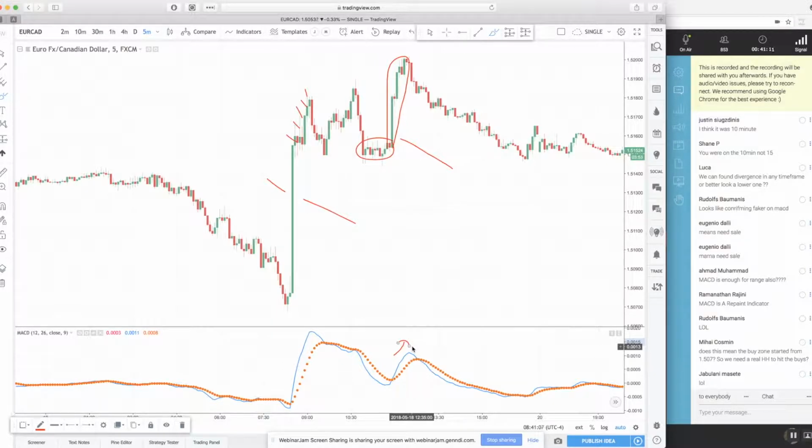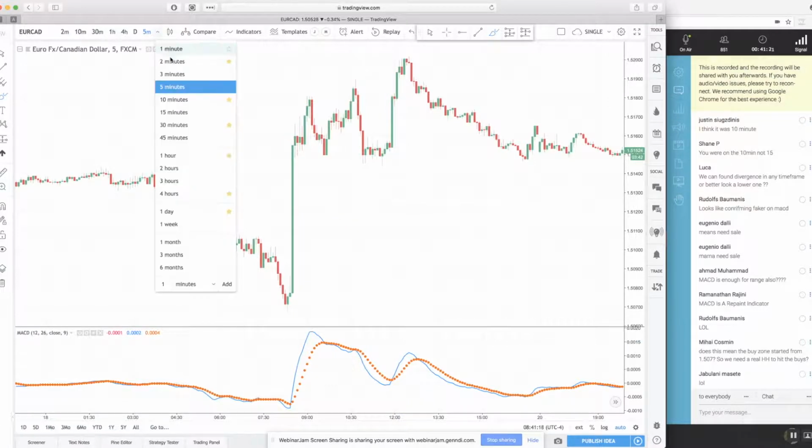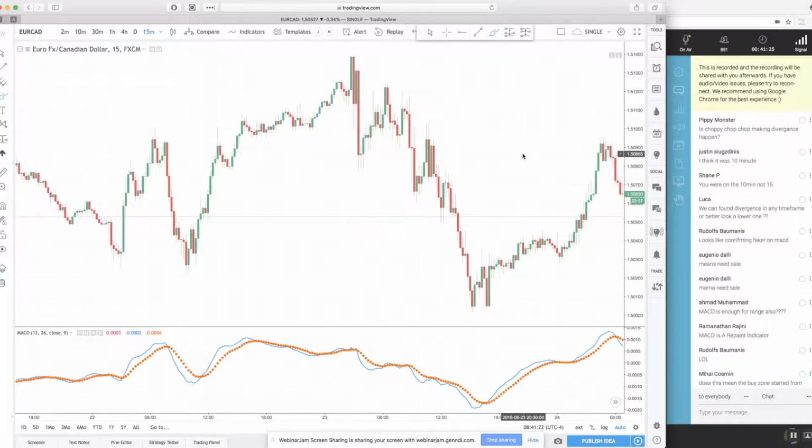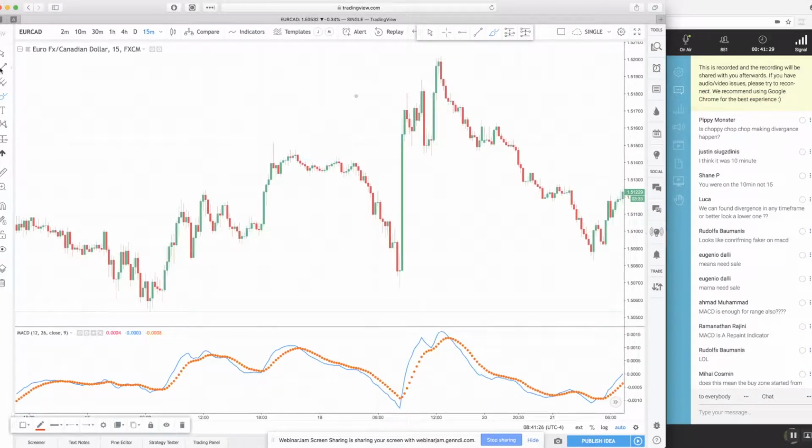Now, when you're watching stuff like this, and you know that on the higher time frame, on the 15 minutes, let me go back to the 15 minutes so I can show you this. On the 15 minutes, you had the issue of divergence right here.